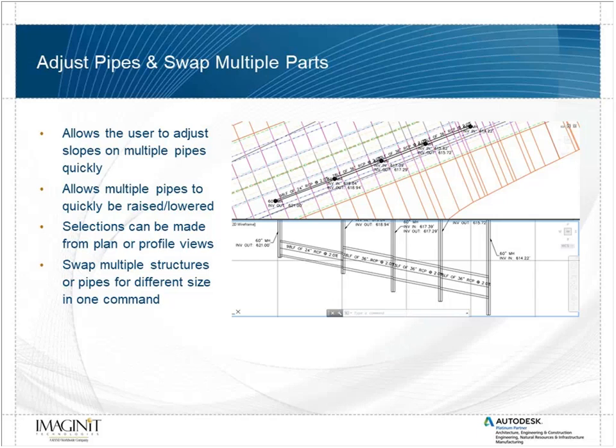There are tools to help grade pipes: click on one end, click on the other end, and say, hey, I want everything at a 2% slope with a half a foot drop at the structures, and it will blast through and regrade the pipes.